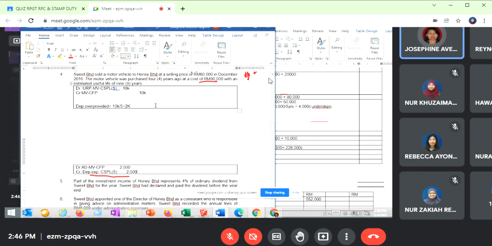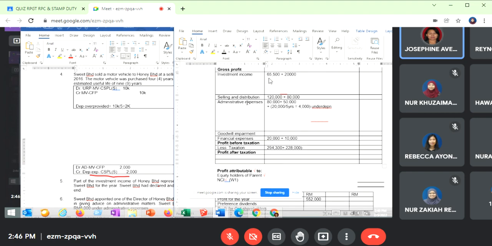So with that, you go to your template here. Okay, so where are we going to charge the depreciation? Well, in this case, since they did not say whether the vehicle is under sales and distribution, it is also okay to put it under administrative expenses.